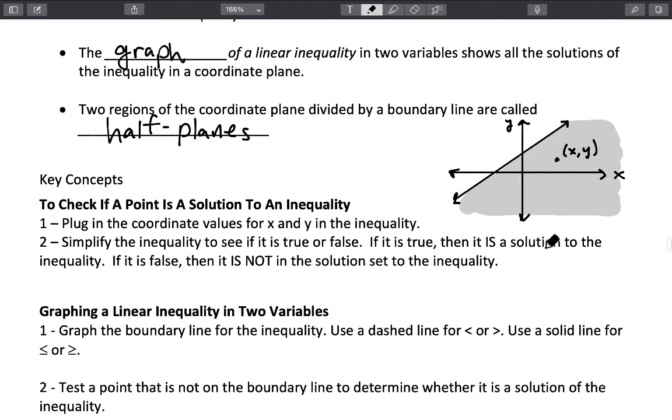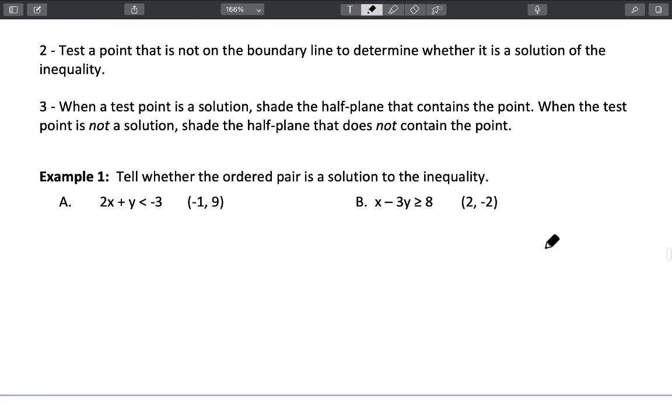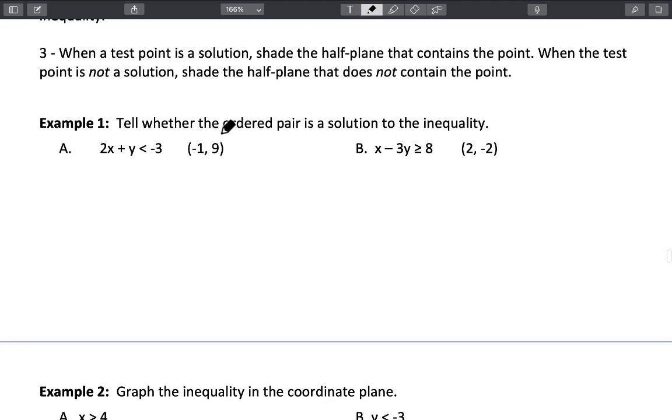All right, so that's how we're going to start off our examples today. We're going to determine if an ordered pair is a solution to the inequality. In other words, it will make it a true statement. So let's test the ordered pair -1, 9 on the inequality 2x plus y is less than -3. We'll substitute -1 for x and +9 for y, and ask ourselves, does this make a true statement?